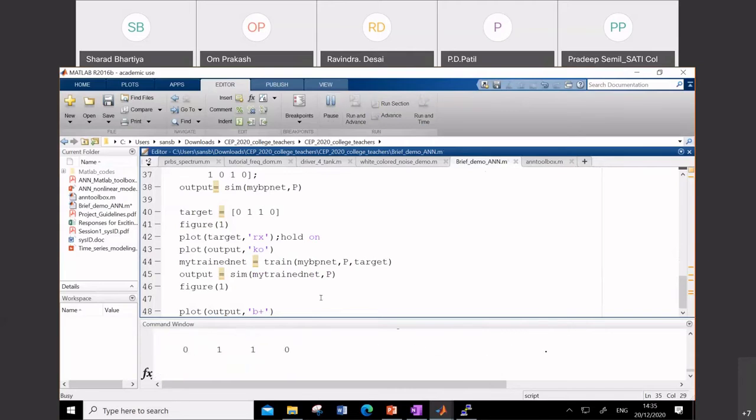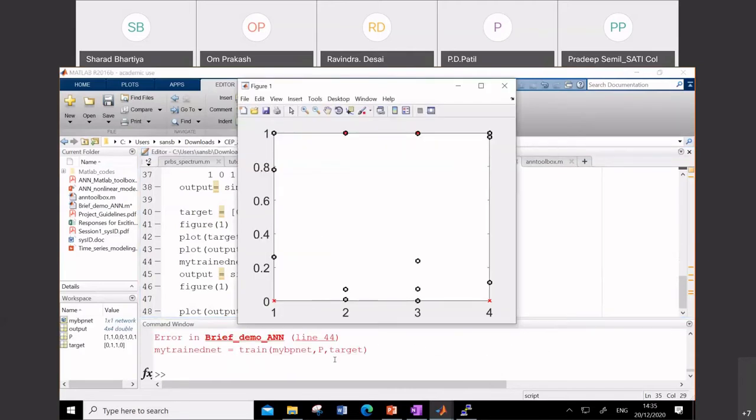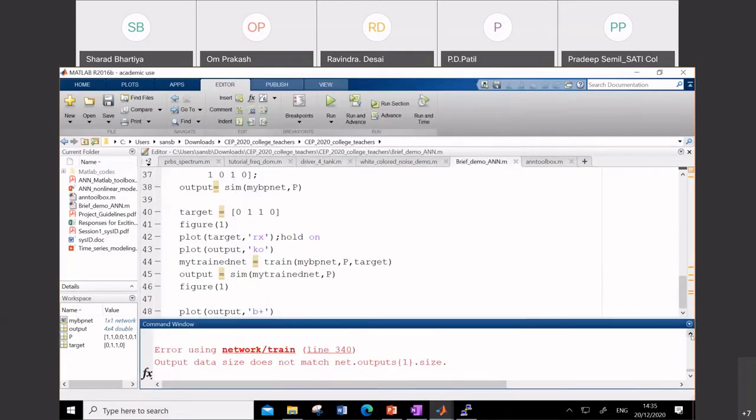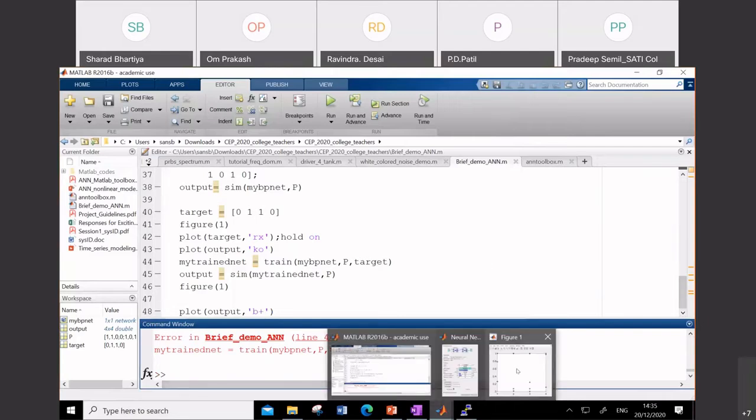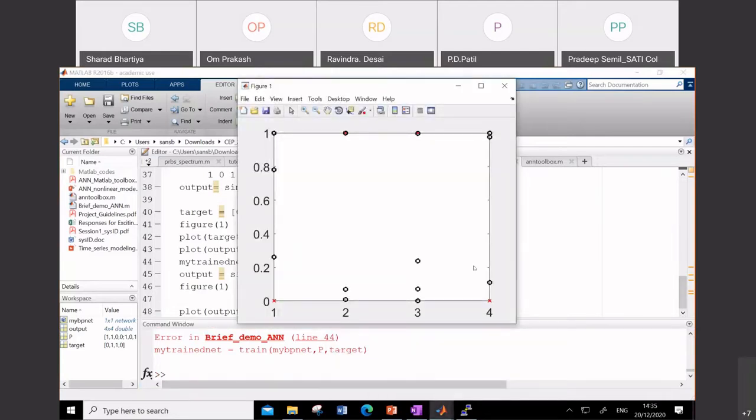So this is the exclusive OR example. You can see that there is an error. So this one, this red zero here, and the red zero at the other end are the two targets, and these two are the other two targets.